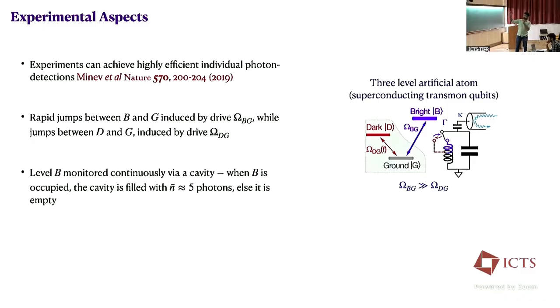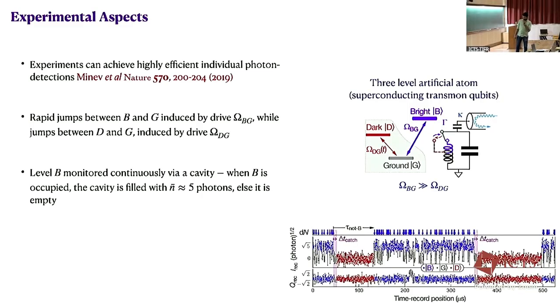The smart thing that these experimentalists did was to engineer the coupling between an auxiliary cavity, which they used to measure the occupation of the bright level, such that when the bright level is occupied, this auxiliary cavity is filled with a lot of photons, otherwise the cavity is empty. When you look at the experimental output, which is the square root of the photons plotted as a time trace, you can see that when it's close to root 5, you can deduce that level B is occupied.